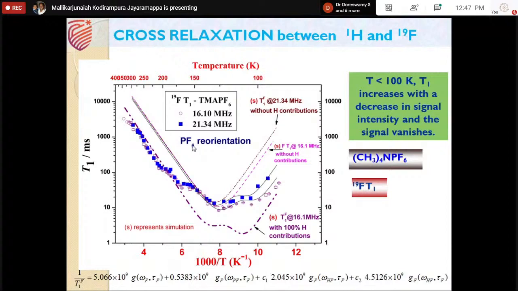Whenever we observe minima, if you fit it to a particular mathematical expression or proposed theory, we can estimate the energy required for this reorientation to occur. As you can see, the entire relation is much more complicated here. Just for completeness' sake, I have given the different components which contribute, to understand it better.